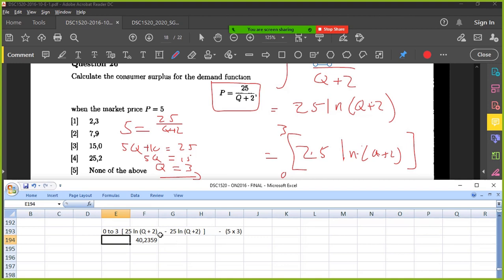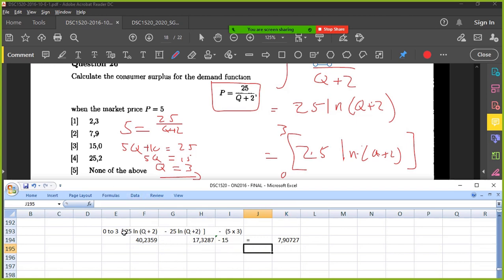Okay, and then I'm going to subtract. This will be ln 2. Okay, 17.3, and then I'm going to subtract 15. Let's see if we get an answer that's closer. Let's check. Or if we still get none of the above. Okay, this minus that. Okay, minus 15. Oh, okay, brilliant. I actually get option 2.